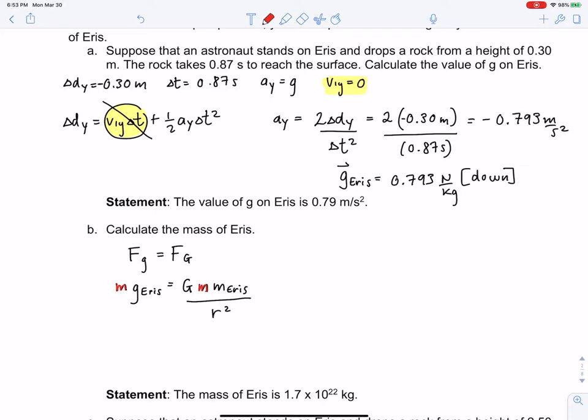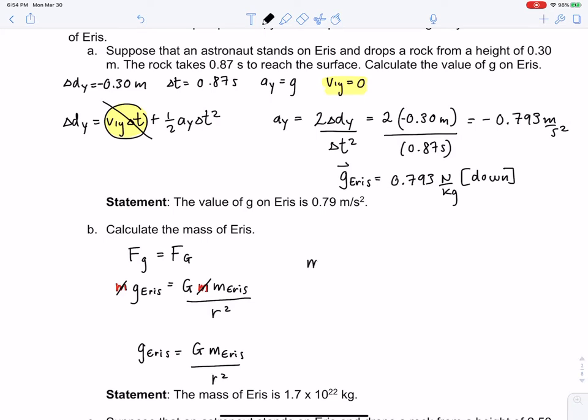Now, we don't know what object we're talking about or the mass of this object, but we do know that if we set these equal to each other, we can actually cancel these out. So what we're left with is the gravitational field intensity of Eris is equal to the gravitational constant times the mass of Eris divided by the radius of Eris squared.